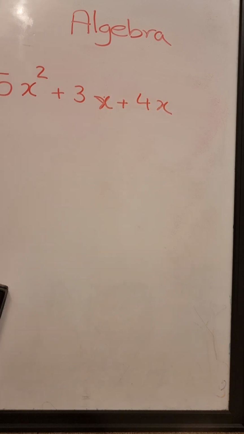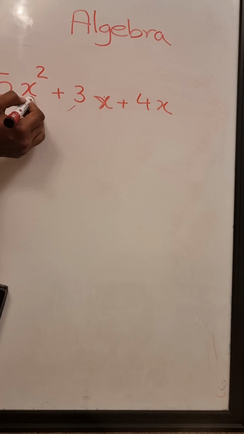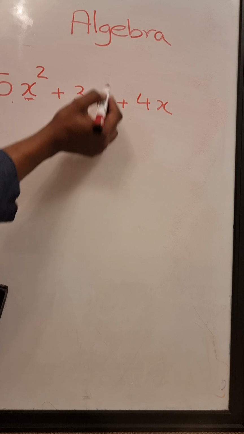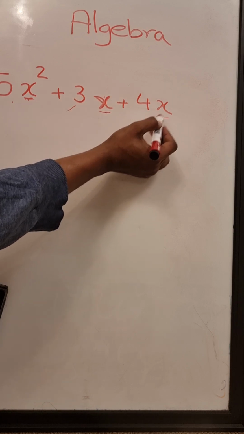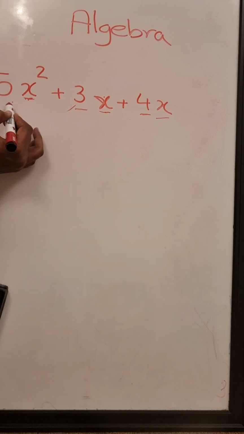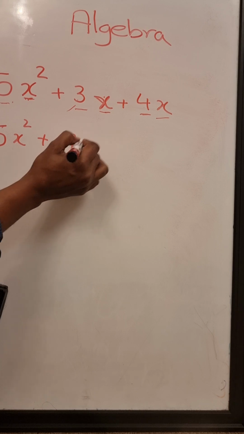We can add only the x's with the same power. We can't add the 3 to the 5 because this x here does not equal this x here. This is x squared, but this is x to the power 1, and this is x to the power 1. We can add the 3 and the 4, but we can't add the 5 to them. So the final answer would be 5x squared plus 3 plus 4 is 7x.